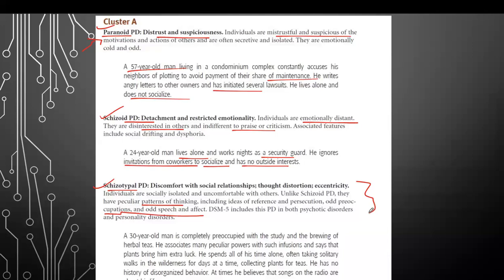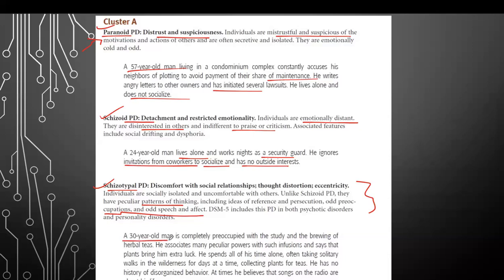These are the patients who will dress oddly and have unusual, weird behavior. Unlike schizoid personality, they have a peculiar pattern of thinking, including sometimes odd speech and odd preoccupation. That means they feel that they are powerful or supernatural, something like that.